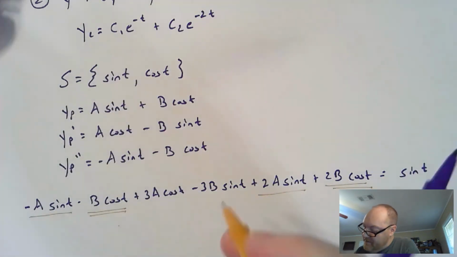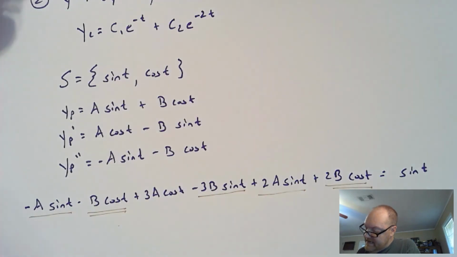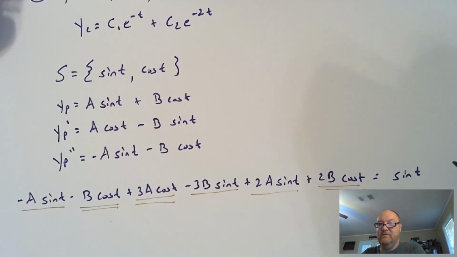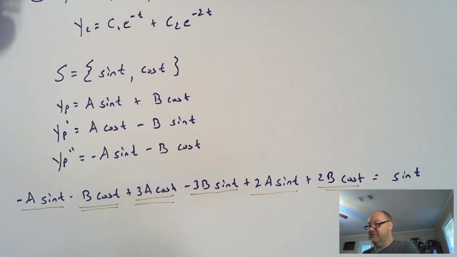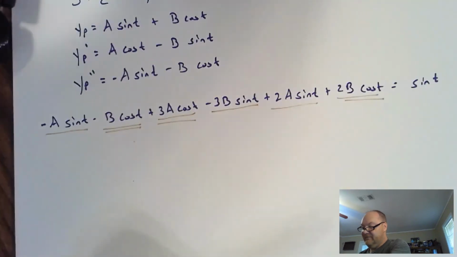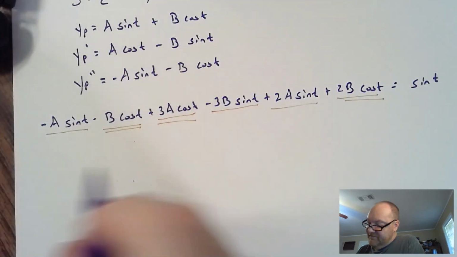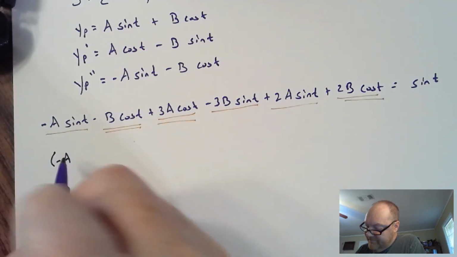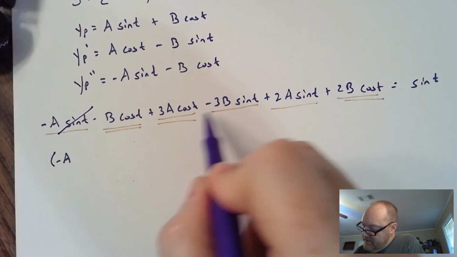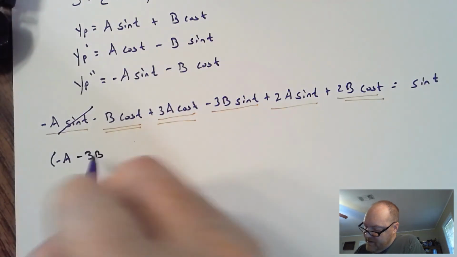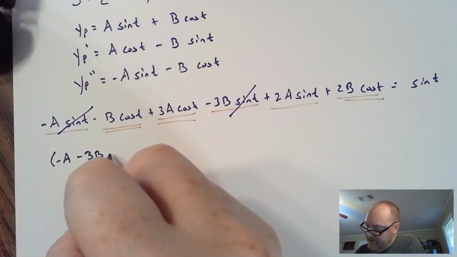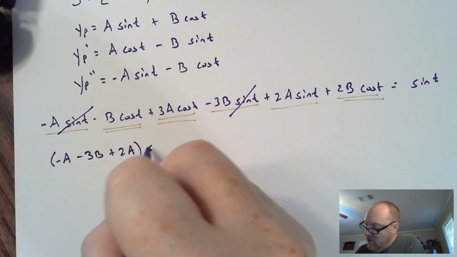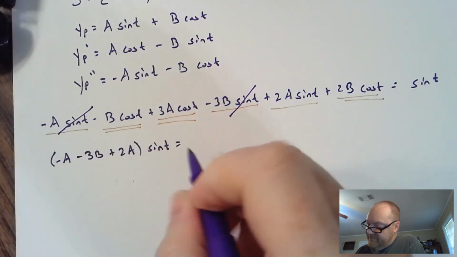Let's find everything with a sine t in it, and then everything with a cosine. I'm hesitating because typically we would have maybe a cosine function over on this other side, and I don't, and that's okay. So if I take all of these sine functions, so I have a negative a, I've got a negative 3b, and a plus 2a, all times the sine of t.